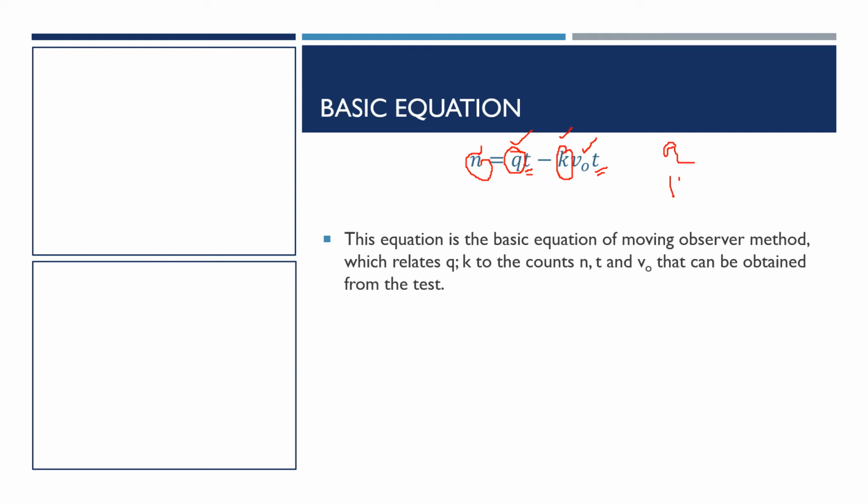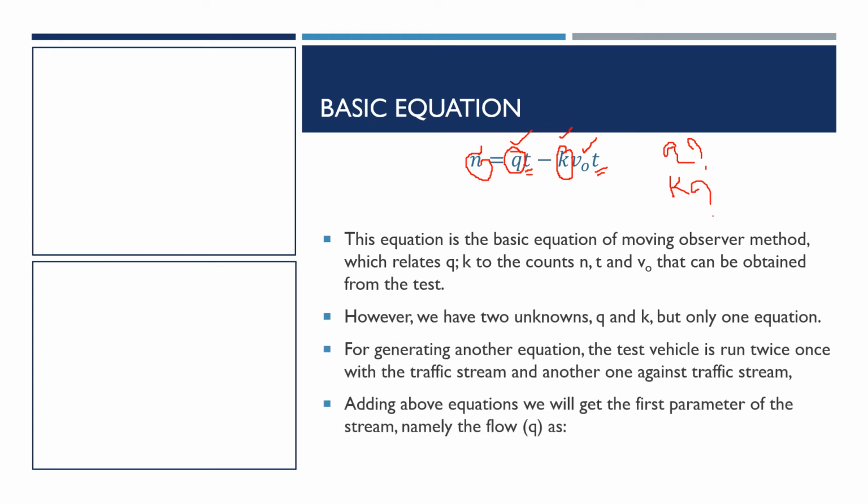Now, you might be thinking about how we can calculate two unknowns using one equation. Yes, so we need one more equation to solve this. To generate the second equation, the test vehicle actually makes a round trip, that means it makes two runs, along with the stream and against the stream.